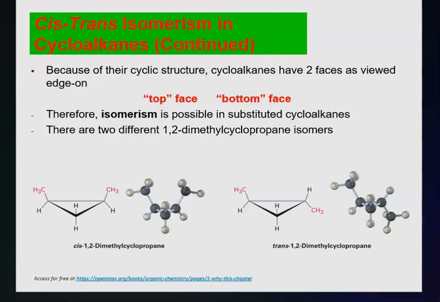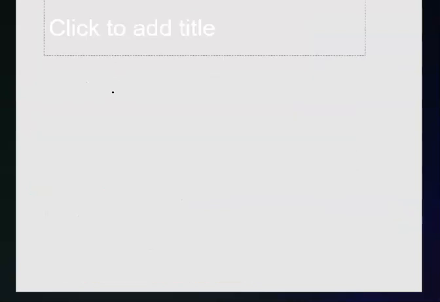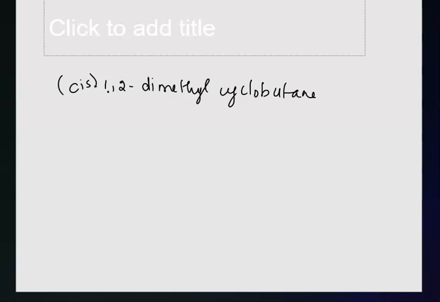Okay, so for example, if I ask you to draw 1,2-dimethyl cyclobutane, and I say this is a cis, okay, cis-1,2-dimethyl cyclobutane, then the way you will draw it is you draw the cyclobutane, and these are the two methyl groups, but they are cis to each other.